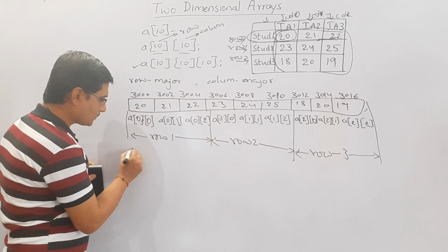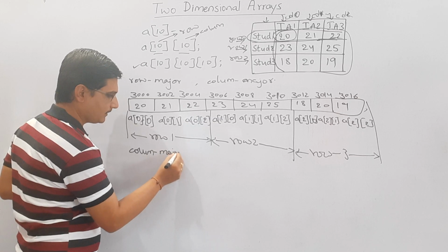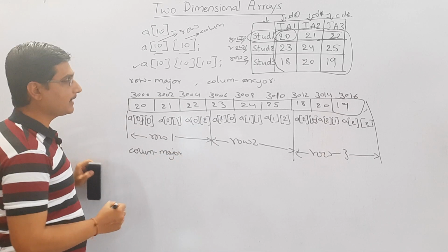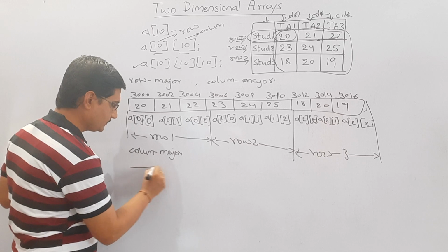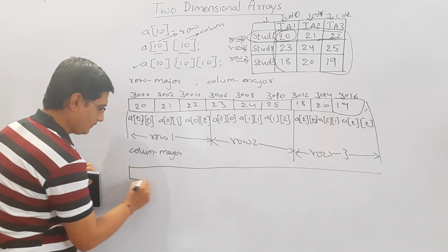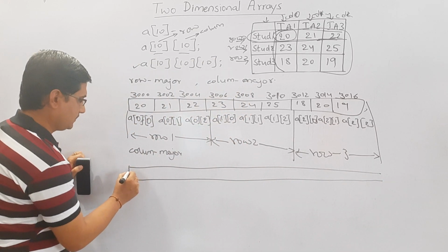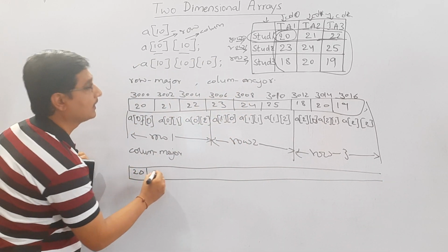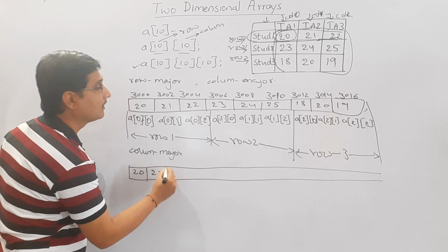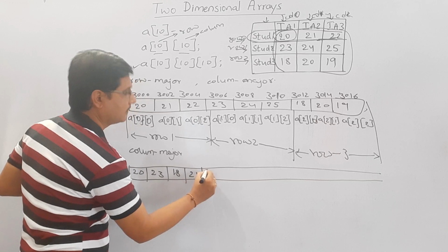If we use column major, then data will be arranged in this way: 20, 23, 18, 21, 24.